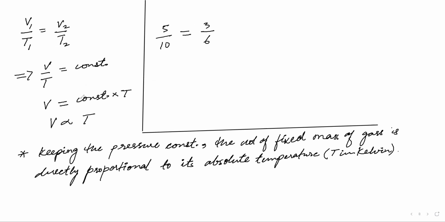Can I write this as this? Yes, sir. Then this is also 1 by 2. Then if I say also, for example, 9 by 18, another V3, T3, then this is also 1 by 2. Then what I can say? The V by T is equal to constant. Correct? Yes, sir. Okay, got it.